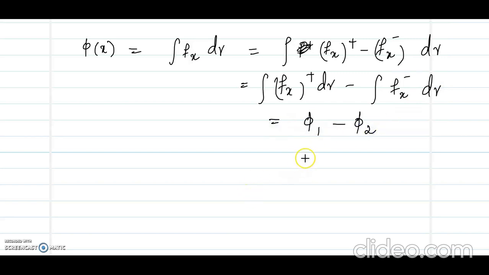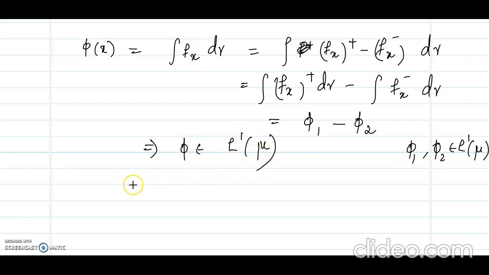So we will have phi 1 minus phi 2, and we know that phi 1 and phi 2 belong to L1 of mu, we have proved that. So therefore that implies phi will belong to L1 of mu.